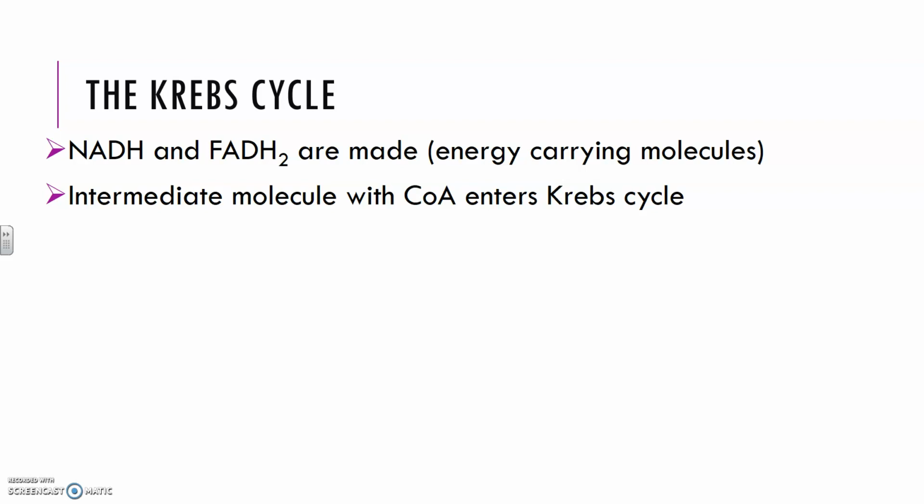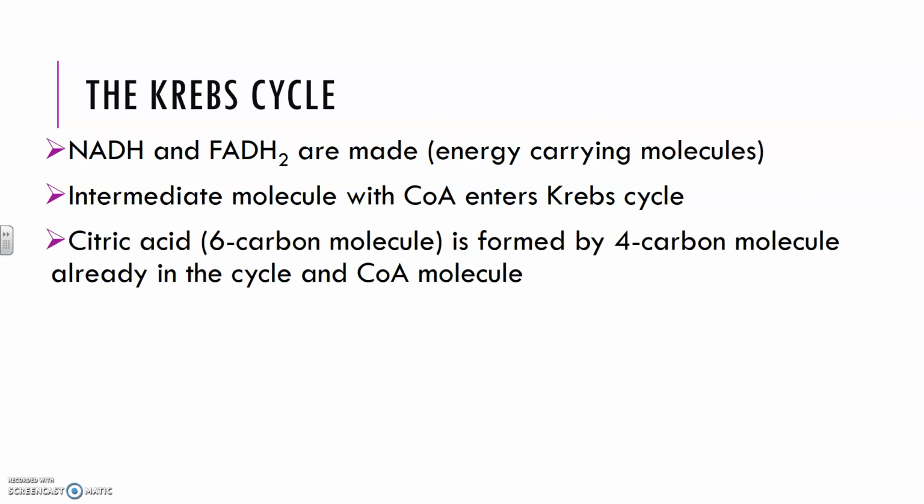So the pyruvate comes into the precursor to the Krebs cycle and immediately loses a carbon. That is lost as a carbon dioxide. And then the two carbons that are left from that pyruvate bind with something called coenzyme A. That complex is what's actually going to enter into the citric acid cycle.